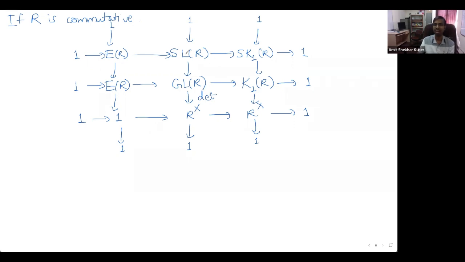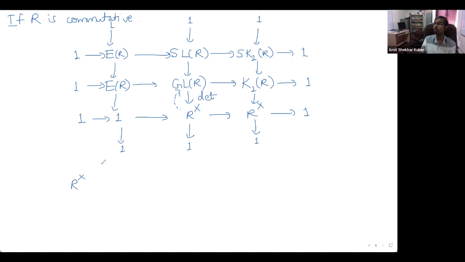SLR is basically the kernel of the determinant map. And over here, we also have a map in the reverse direction.